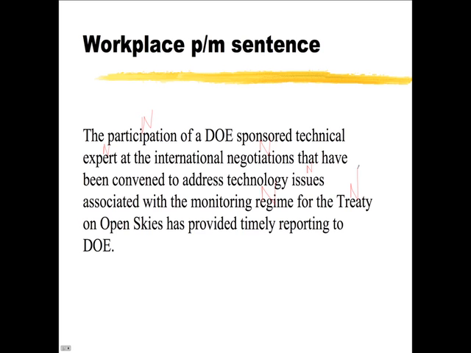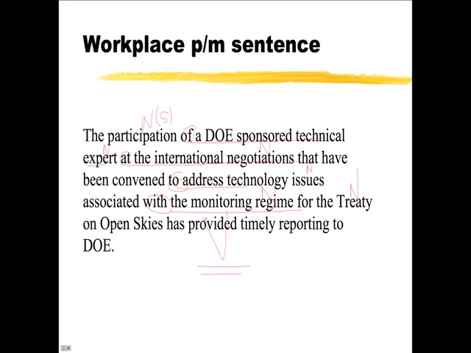The participation of a DOE sponsored technical expert at. Boy, if we did parametric method, here's a prepositional phrase, comes all the way down to here. Another prepositional phrase here. Another one that's like an infinitive, but it's really a prepositional phrase. Here's another one down here. Lots of red in this sentence. Before we get to provided, this is the actual verb, and it turns out this is the actual subject.